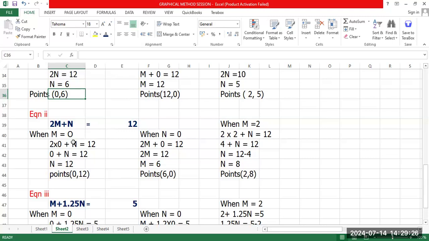So on the left of your graph book, suppose this is my, let me check whether I have some things here. Check.